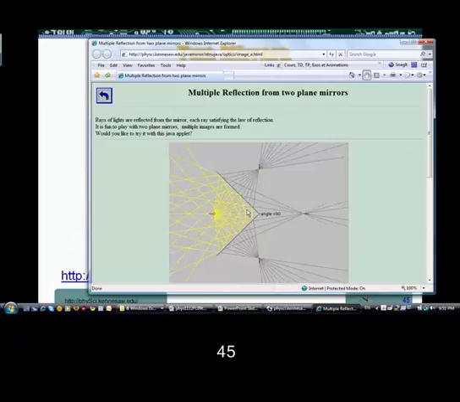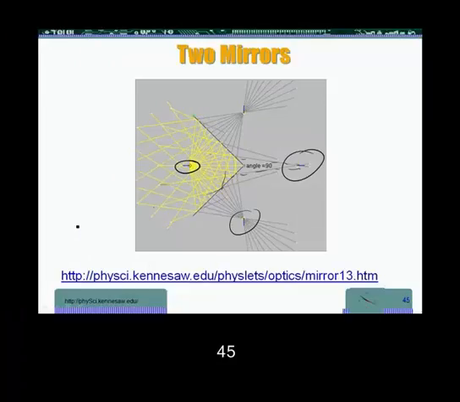Again, remember, where is this beam coming from? It is light that came from here, reflected here, and then reflected back there. Multiple reflections.